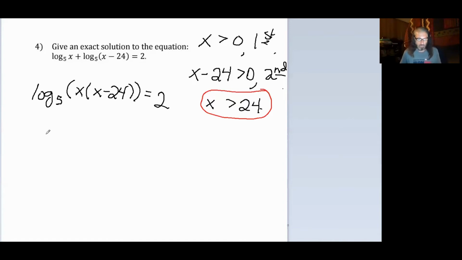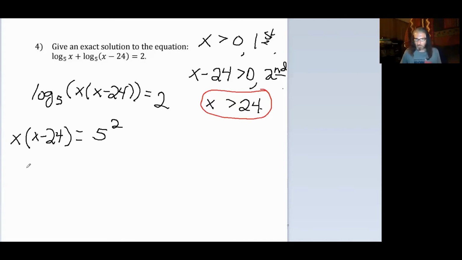And if we apply the definition of logarithms, the base is 5. The exponent, the answer to the logarithm, that's the exponent, 5 squared, by a process of elimination, that has to equal the argument of the logarithm, i.e. what was inside.